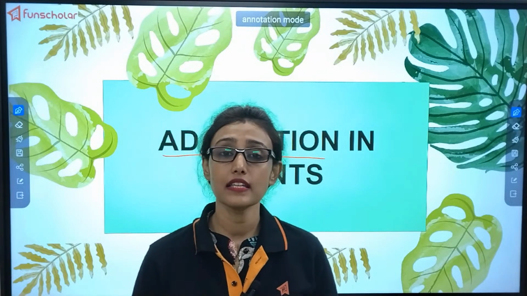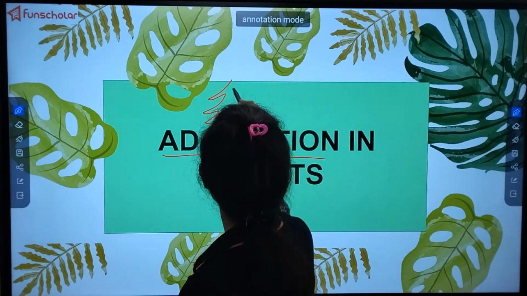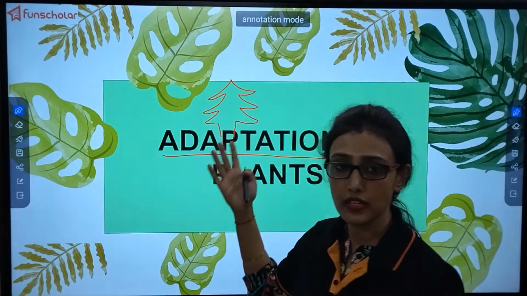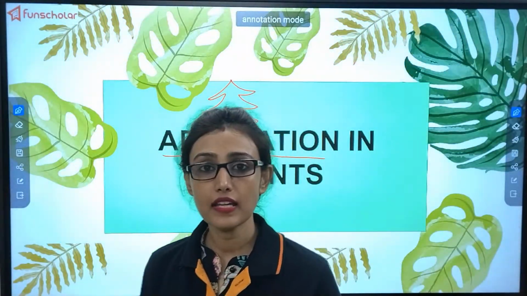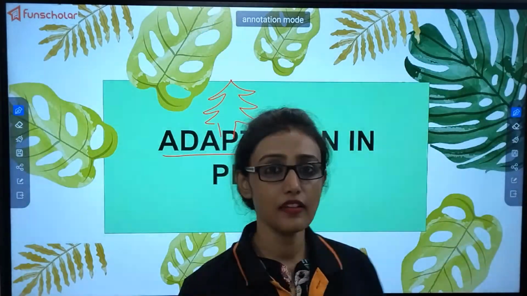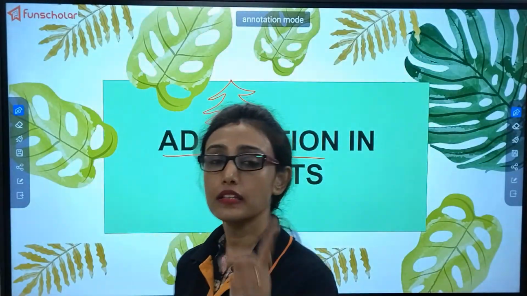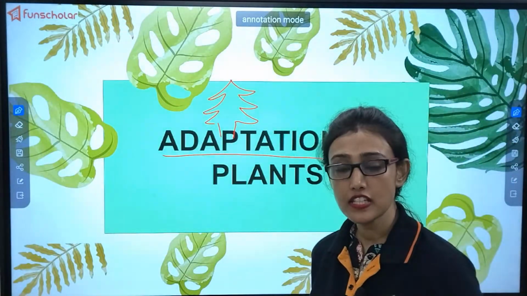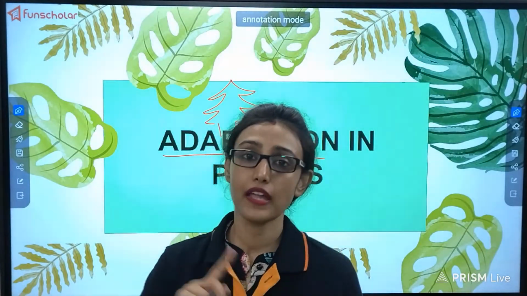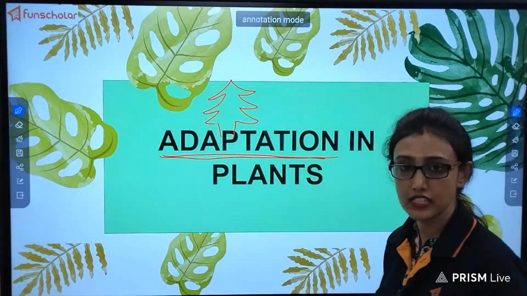In the hilly areas you see trees of this structure, the Christmas tree, which is the pine tree. Trees are of various types and forms to protect themselves from the temperature and weather condition. This process of changing of the plants due to the variation of weather and temperature is known as adaptation.